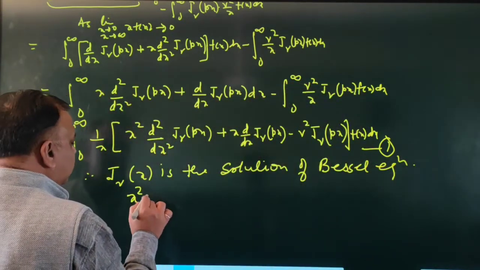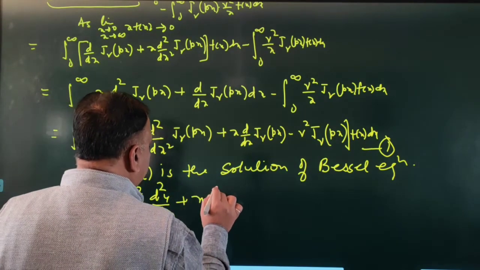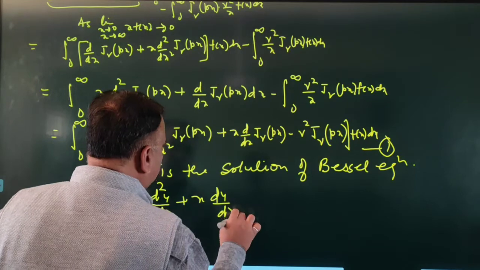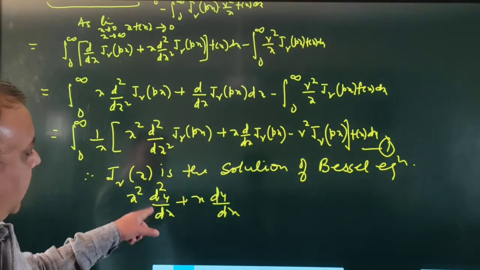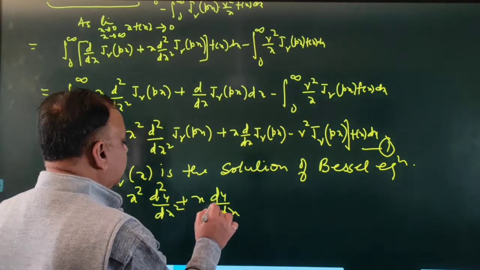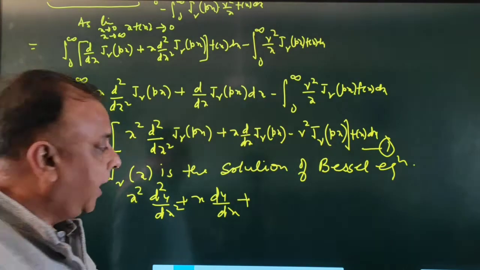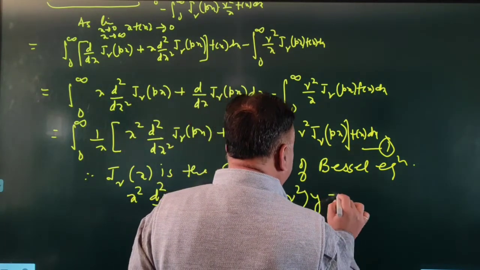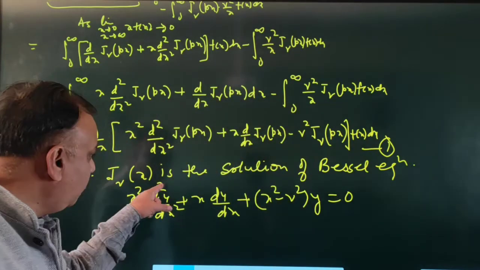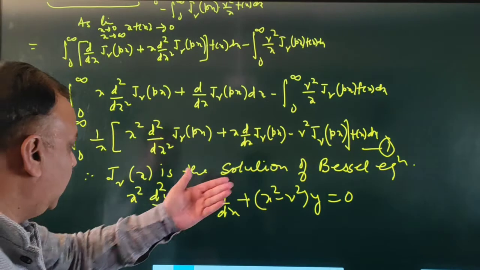The Bessel equation is x square d2y by dx square plus x dy by dx plus (x square minus nu square) y equals 0. As J nu is the solution of this Bessel equation, it will satisfy the equation.